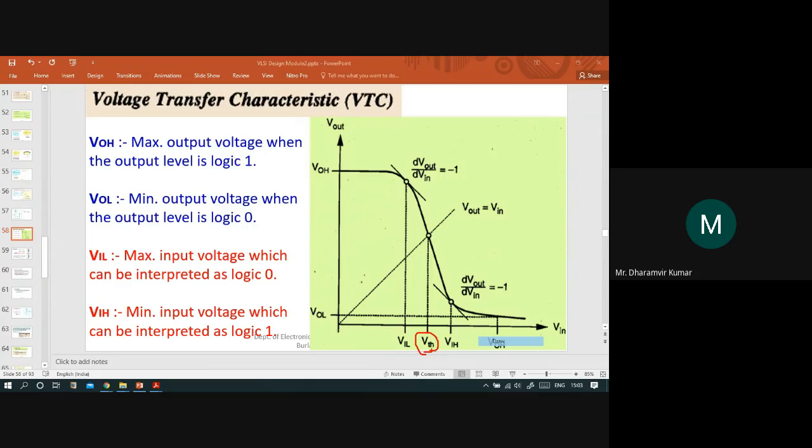There was a threshold voltage for the device itself, VT or VT0, when we were studying the MOS device. This is generally taken at the middle point between the lowest value 0 and the highest value VDD.